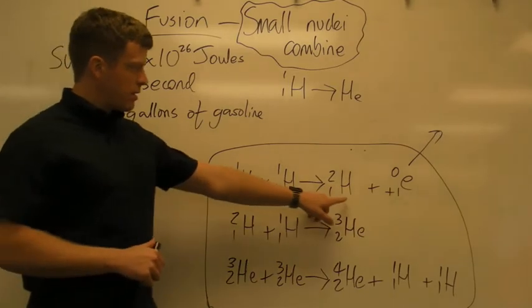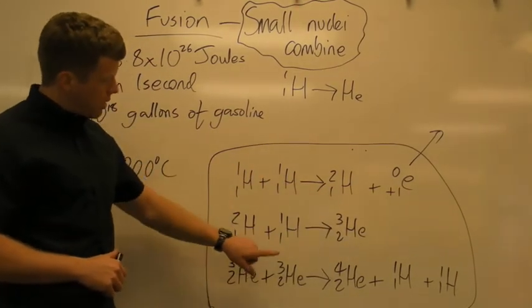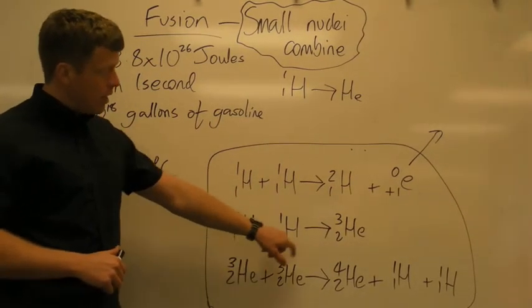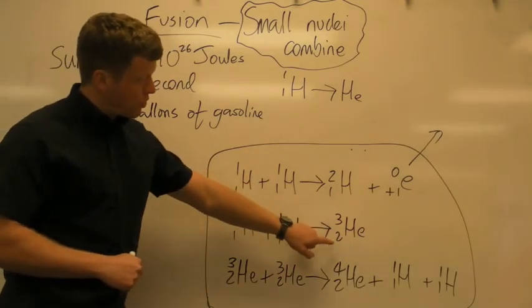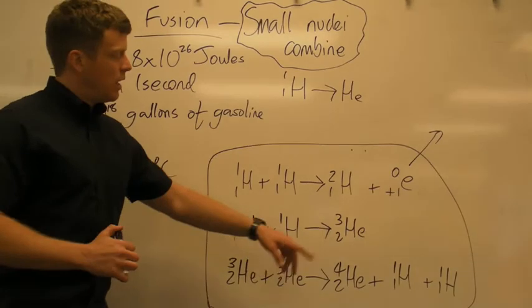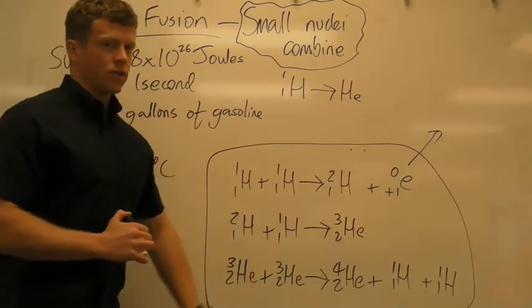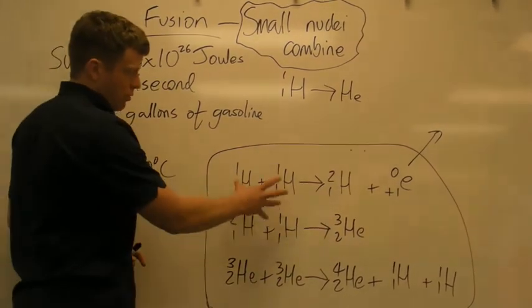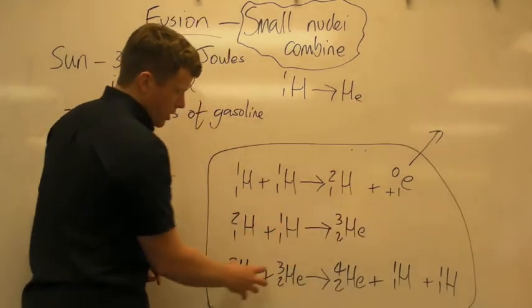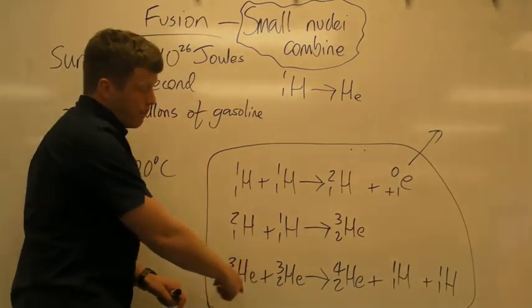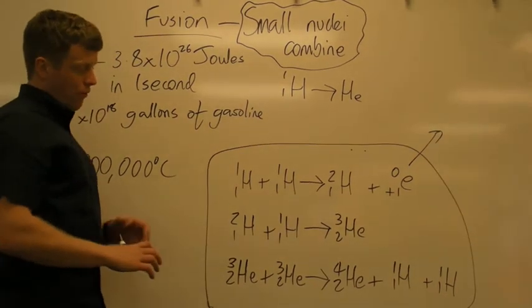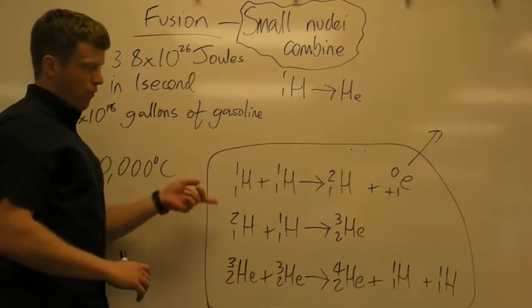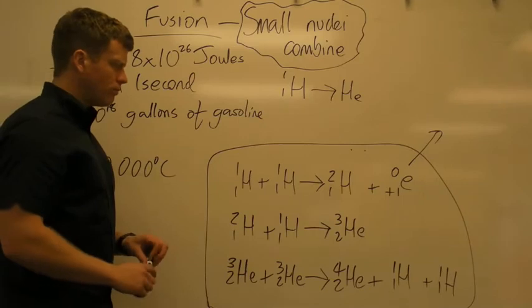Then we take this isotope of hydrogen, it combines with another atom of hydrogen, and produces a helium isotope. You'll notice that it's 3 and 2, not 4 and 2. This version is very unstable, but as all these isotopes are produced, they combine together to produce a stable version of helium, with a mass number of 4 and atomic number of 2.